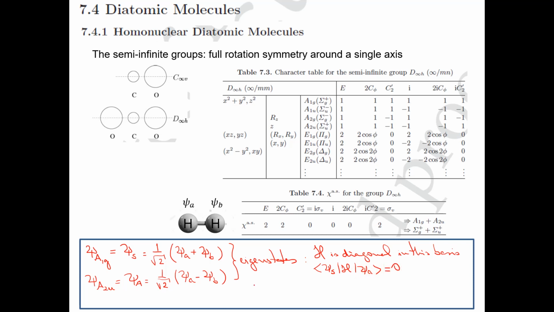So I can write the Hamiltonian in a diagonal form, with elements symmetric and antisymmetric and 0, 0 here.